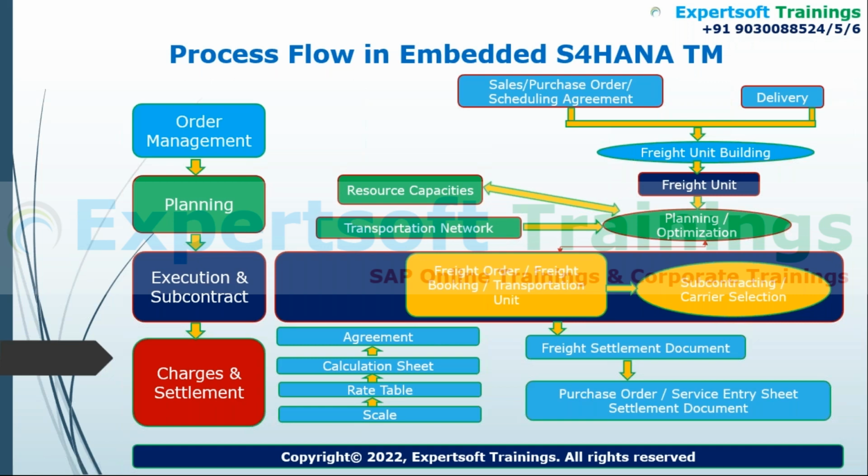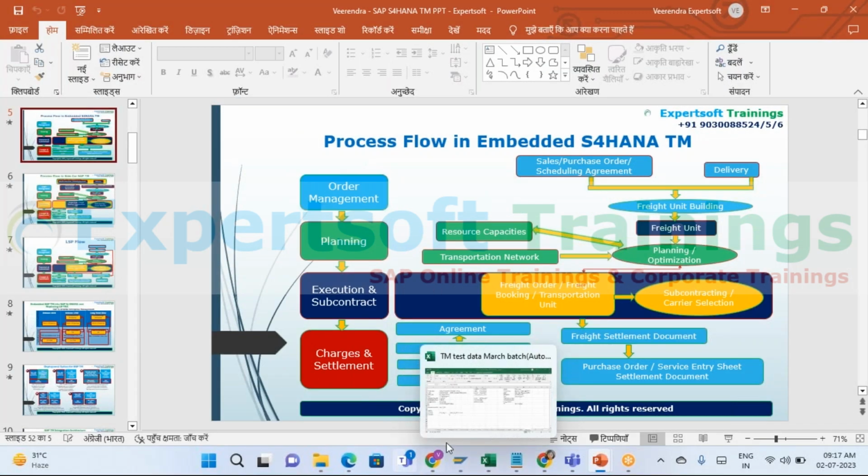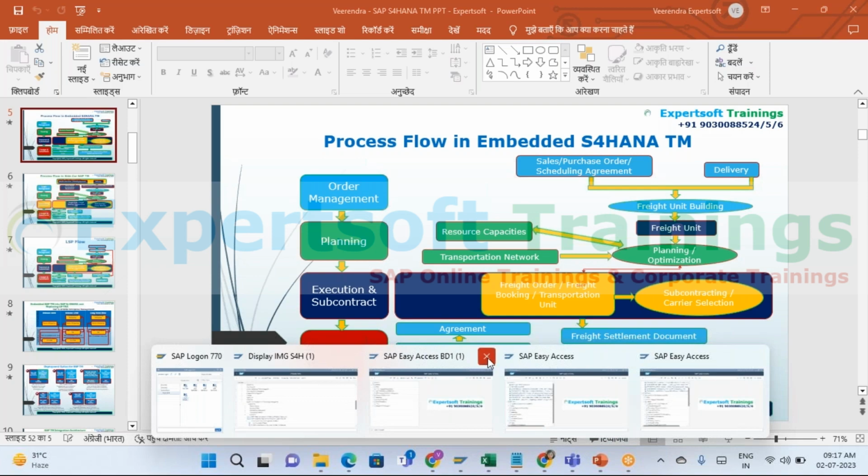Now, most of the time when you go to any workshop, it is also possible that you activate both order and delivery based. That means you will activate your TM integration both at the order level as well as at the delivery level. If that happens, then the freight unit number will be the same, and you'll see it in the document flow of both order and delivery. Okay, so if I quickly show you what I mean by this freight unit automatic.